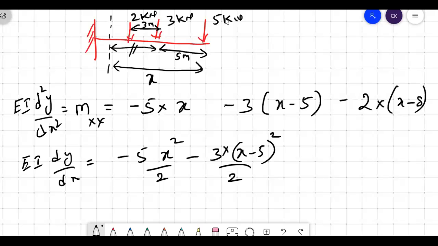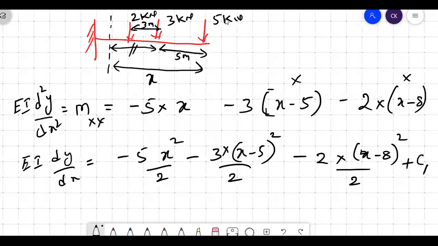Next, minus 2 into x minus 8 whole square by 2. We should not remove the bracket while integrating. This is a variable here, and while integrating it we should not remove the brackets. And we will get a constant C1.